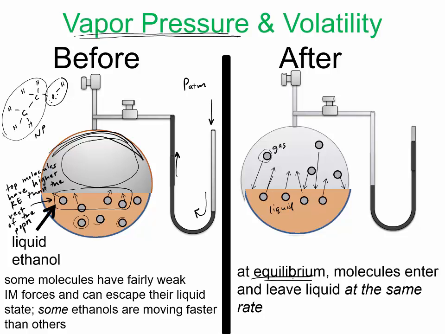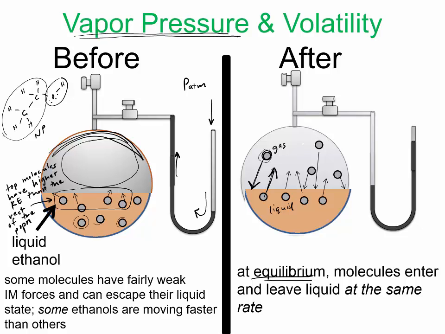Some molecules will leave the liquid, and then some molecules will come back down to become liquid. This goes on until there's an equal rate of molecules leaving into the gas phase as going back down to the liquid phase.